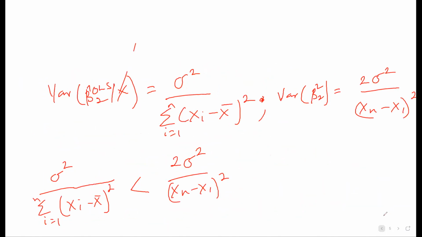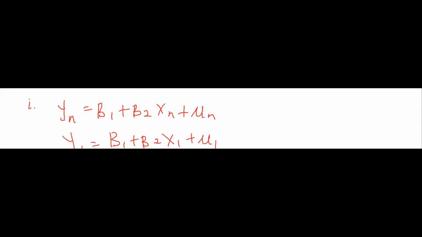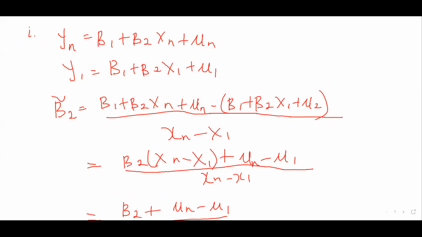So basically from the beginning, we proved that beta 2 theta is unbiased. So beta 2 theta is this guy. We proved that this is unbiased. Then we generated the variance for this guy.